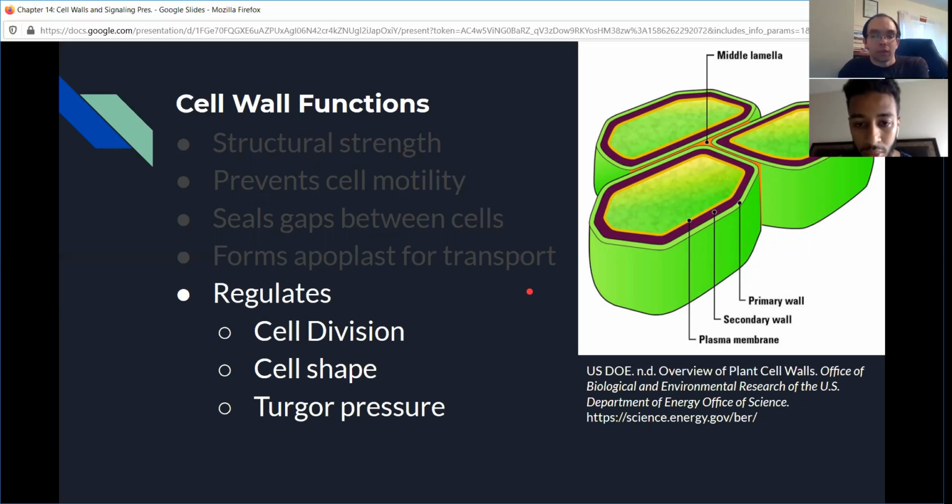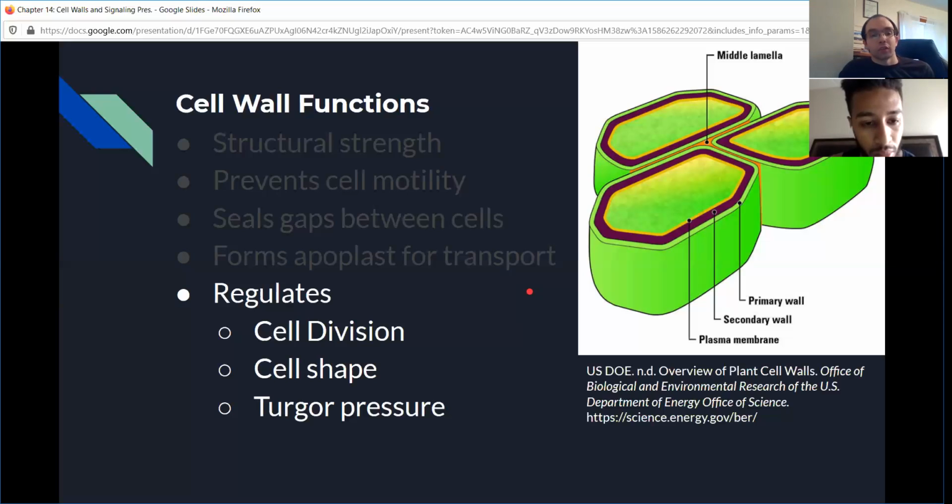And we have regulation. The cell wall helps with regulation of cell division by limiting the size of the cell. The cell has to grow in order to divide, so the amount of time that it takes to grow is limited by the cell wall, because the cell wall is resisting turgor pressure that tries to make the cell grow from water intake.